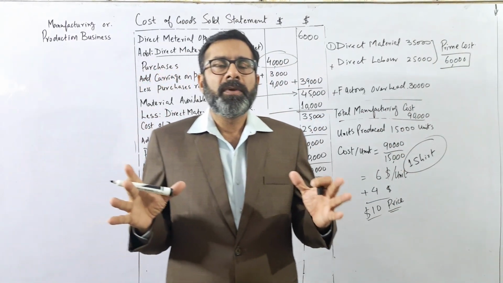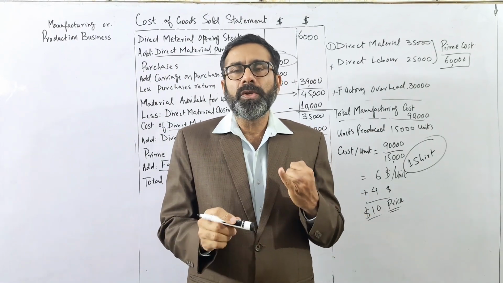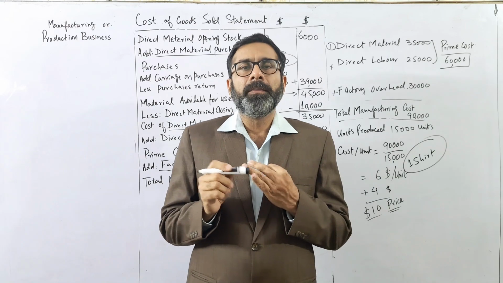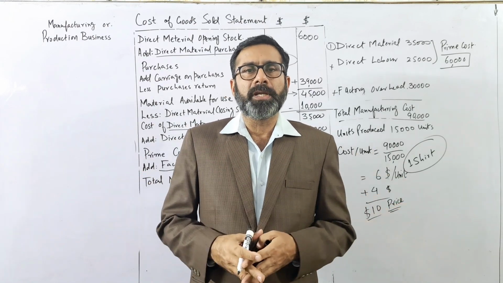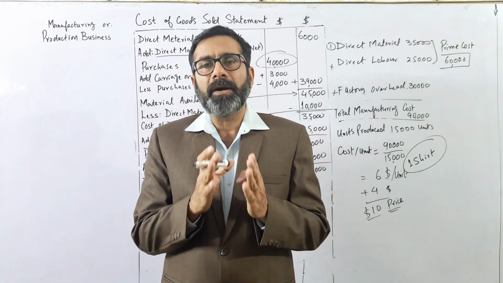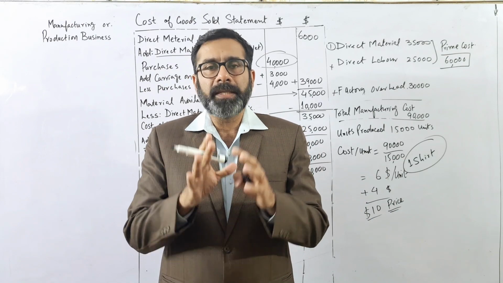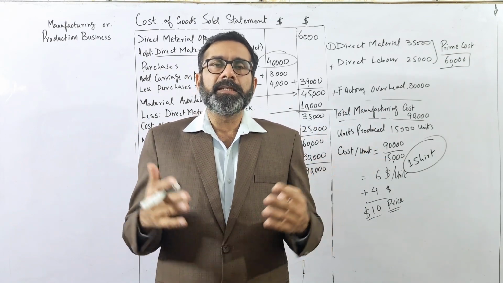But if we have some material and some labor, but they don't have a tool, or some factory building or workshop or other facilities, they cannot produce. To convert the raw material with the help of the labor, they need some premises, some space, and some tools.